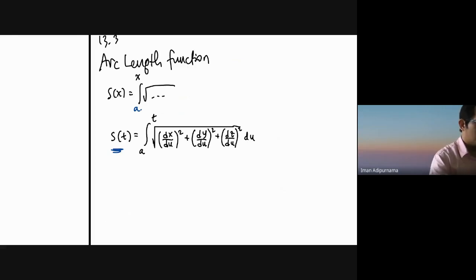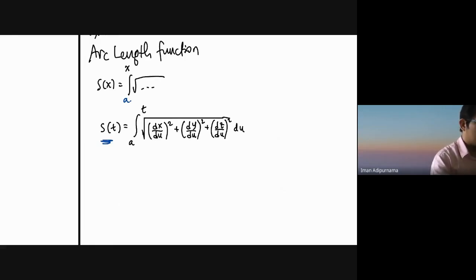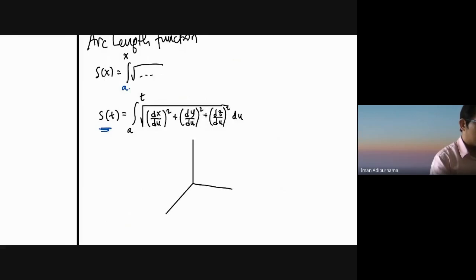If we try to visualize what it looks like, let's say that's our vector function, and this is C. Let's say we start from position A here.